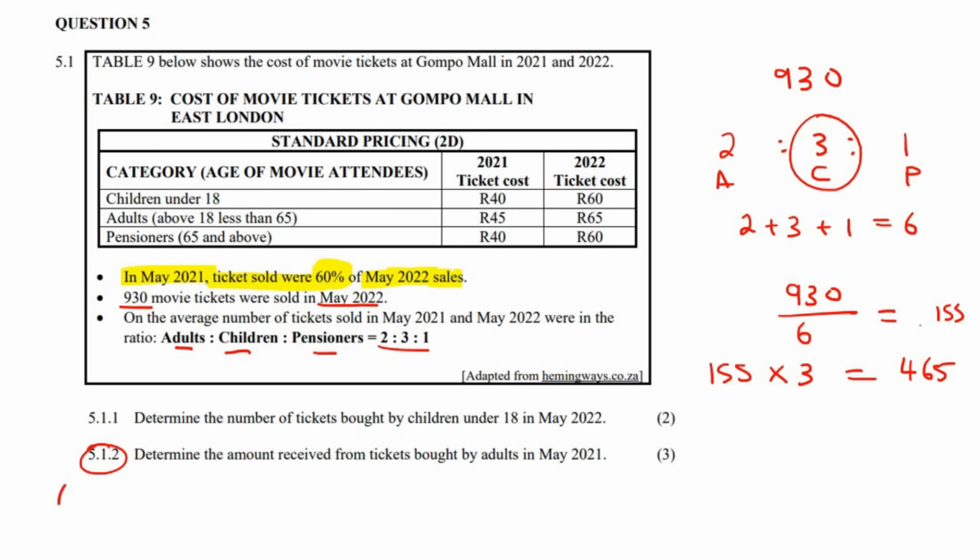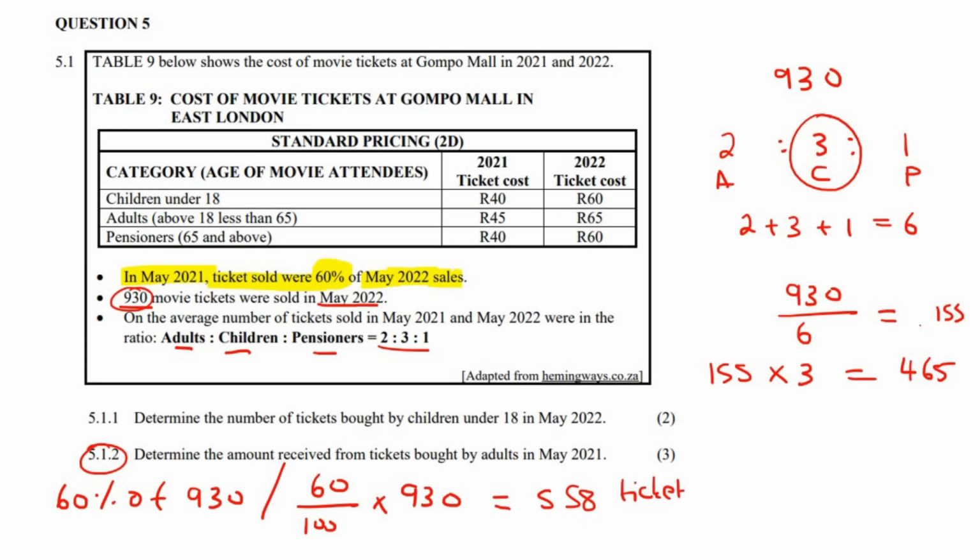So we can just go work out 60% of the May tickets, and that was 930. And so remember that to work that out, you could say 60 over 100 multiplied by 930. And that's 558 tickets. And that would be for May 2021.